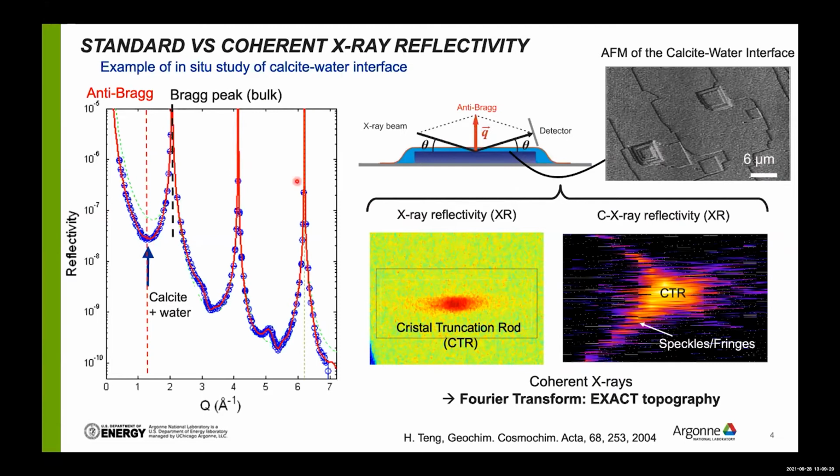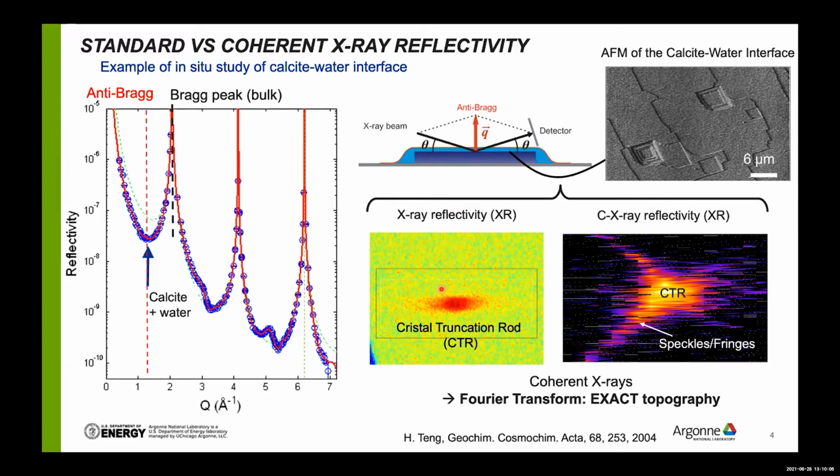And an example is given here of the informational content provided by coherent X-rays with this in situ study of a calcite water interface. So if we do some reflectivity measurements of this interface and we look at the intensity which is diffracted at the anti-Bragg position, which is this position in the reciprocal space, which is so sensitive to the interface structure, if we use a standard X-ray beam for these measurements, we observe that the intensity corresponds to a section of the crystal truncation rod.